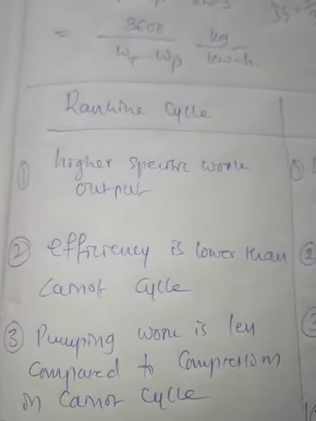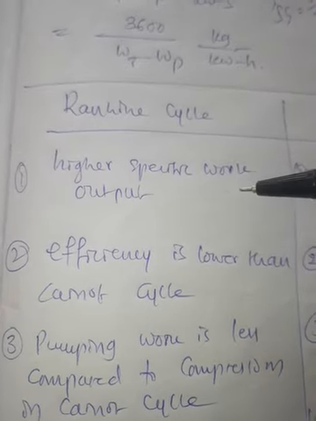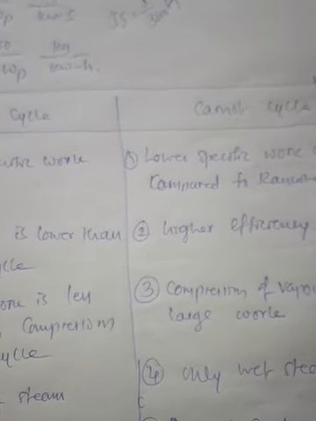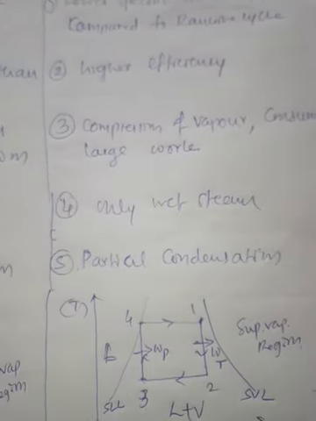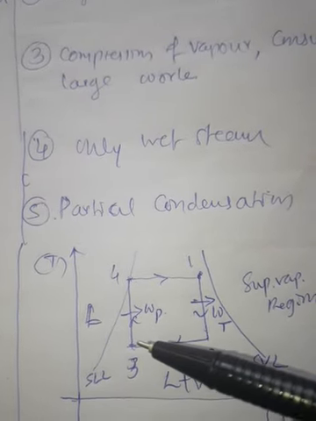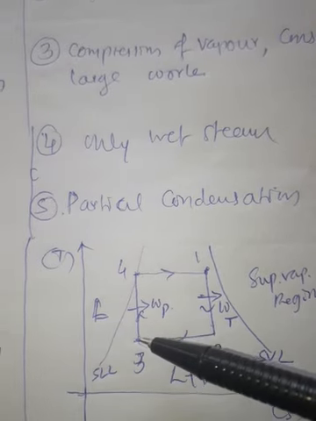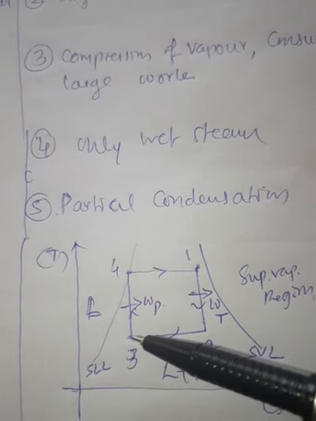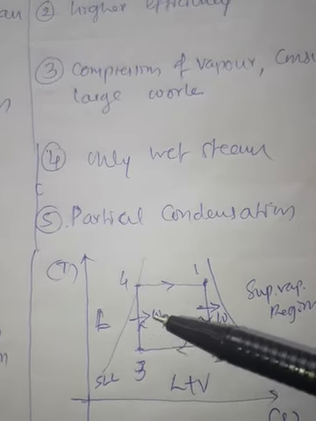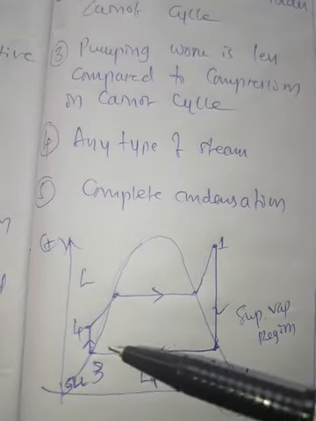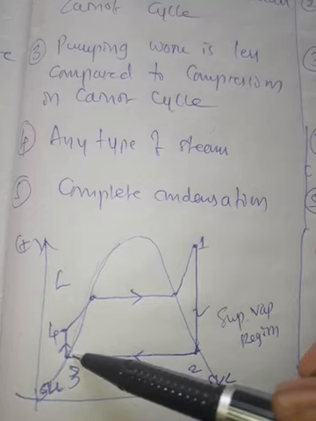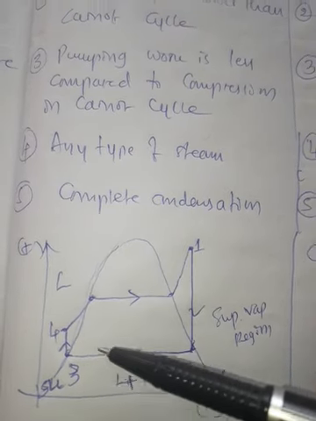In the Rankine cycle, we are able to produce higher specific work output than the Carnot cycle, because the work supplied to compress the wet steam, since point 3 is in the wet steam region, till the fourth state is higher than the work supplied to pump the condensate from state 3 to state 4 in the Rankine cycle.